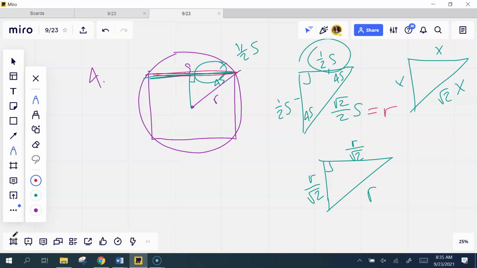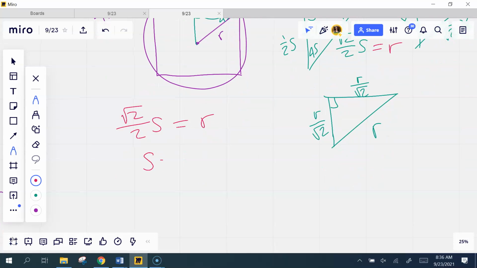Yeah, so you just get the side length and multiply it by 2. Half the length. That would make sense to me. Close. If square root of 2 over 2 S equals R, then what does S equal? 2 over square root of 2 R. But you have to rationalize it. It would be square root of 2 R. Wait, how did you just do that?